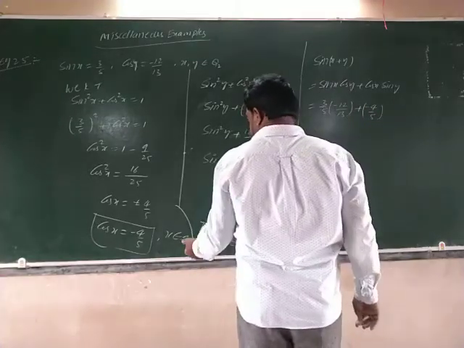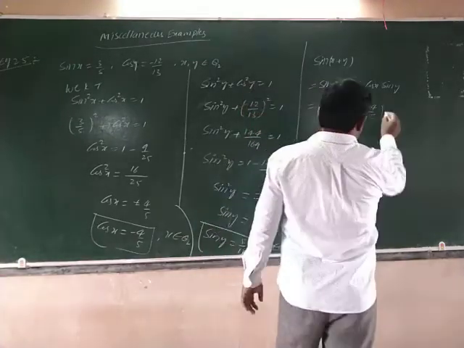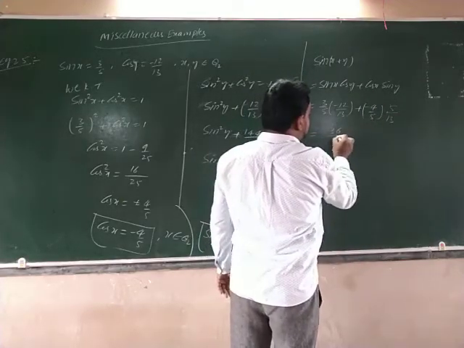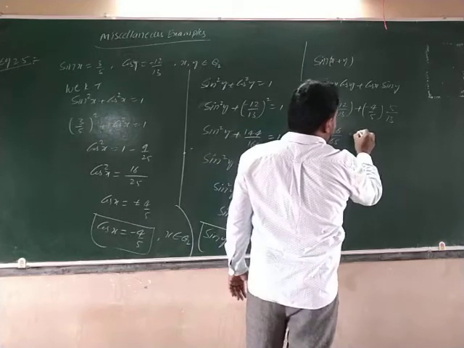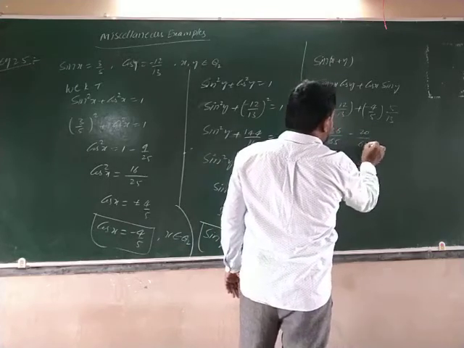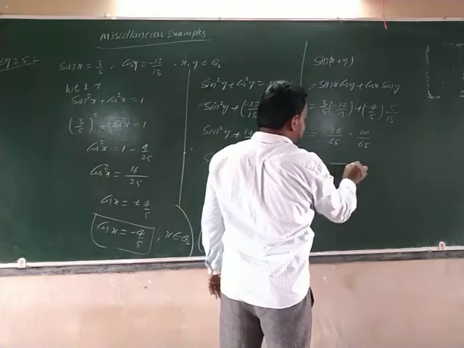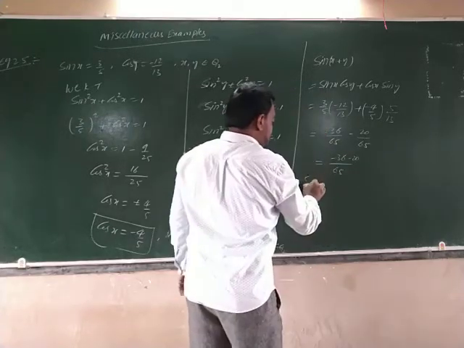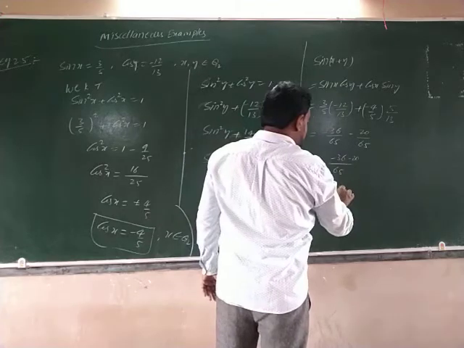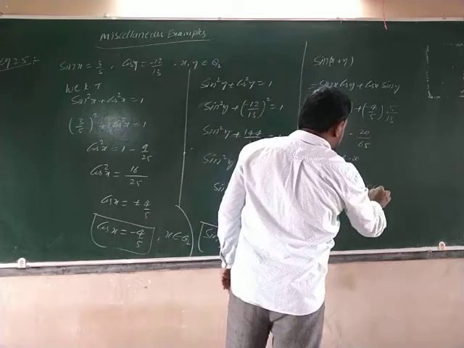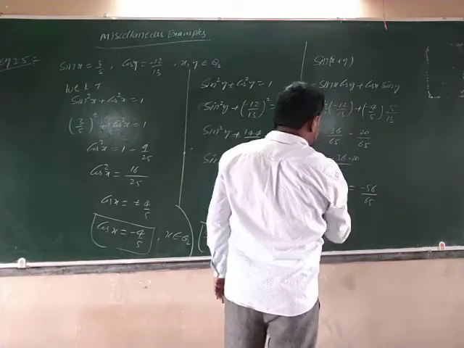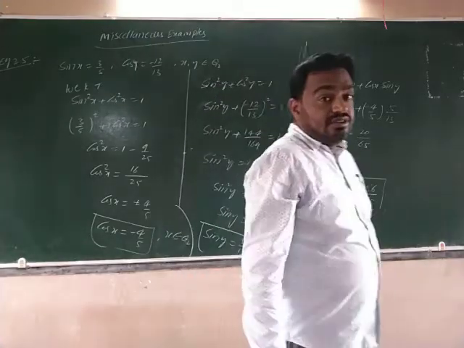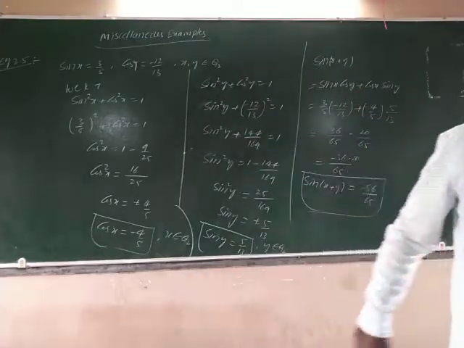Sin y is equal to 5 by 13. Now this is minus 36 by 65 minus 20 by 65. 65 is the LCM, minus 36 minus 20. Therefore sin of x plus y is equal to minus 56 by 65, which is the answer. And this is example 25. Alright.